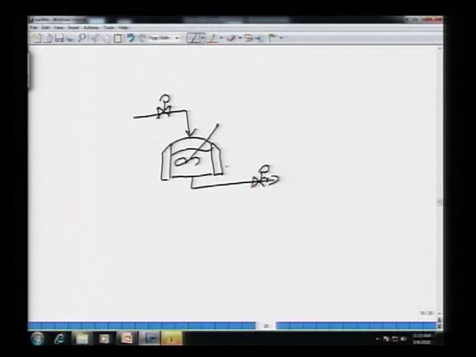Let us say I have got a CSTR. Okay. Reactants are flowing in, and just to show that it is a CSTR, the products and reactant mixture is flowing out. The reaction is exothermic, so I have got a cooling circuit there, let us say it is a jacketed CSTR and the heat is removed by circulating some cooling water.